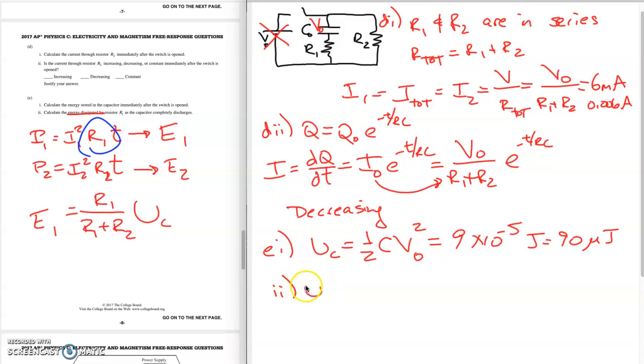So U1, it'll be the same thing. R1 is going to be, what did they tell us? 150. So 150 over the total resistance, which is 250, times the amount of energy that was put into the capacitor. Well, that's going to be 3/5 of the total. So 3/5 of 90 gets us 54 microjoules.